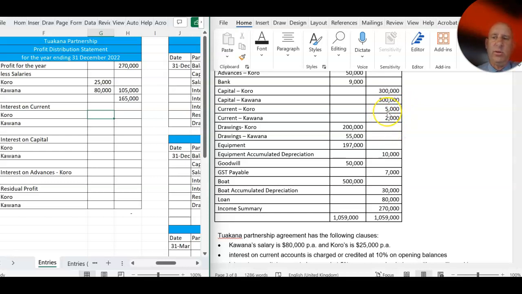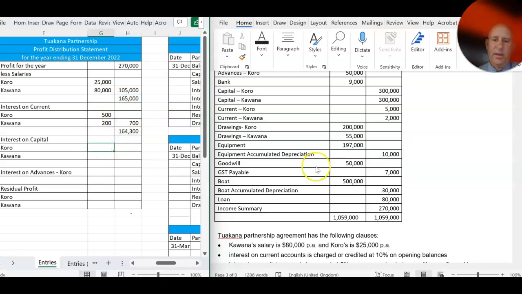So what we're going to do is, sometimes, these are debit balances, so we'd put a negative figure here. But in this case, we can work it out in our heads. Koro has 10% of 5,000 and Kawana 10% of 2,000. Add them together and take that away from the total.